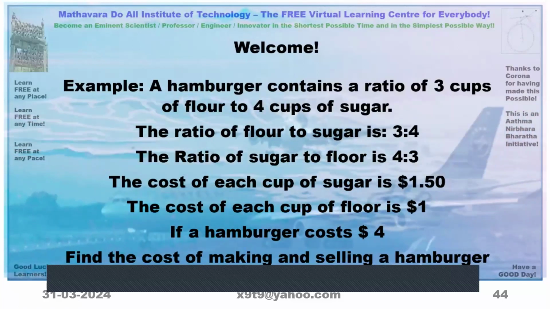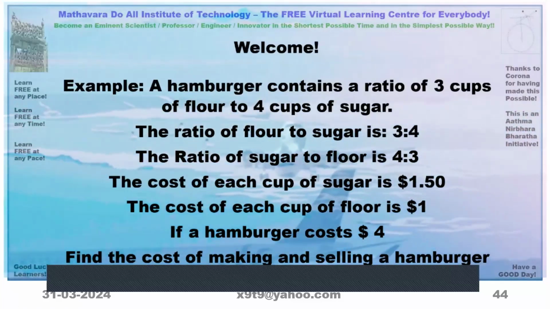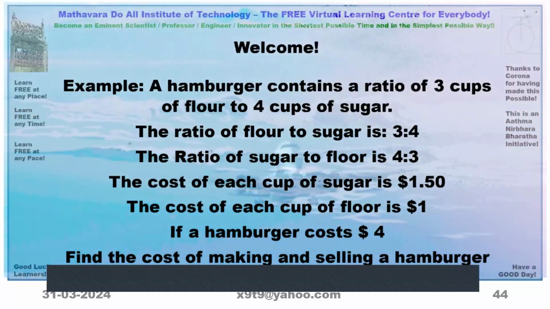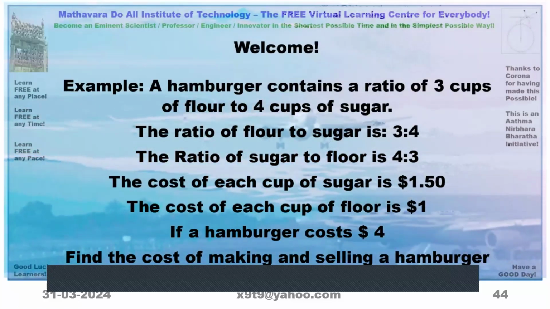Example: a hamburger contains a ratio of 3 cups of flour and 4 cups of sugar.